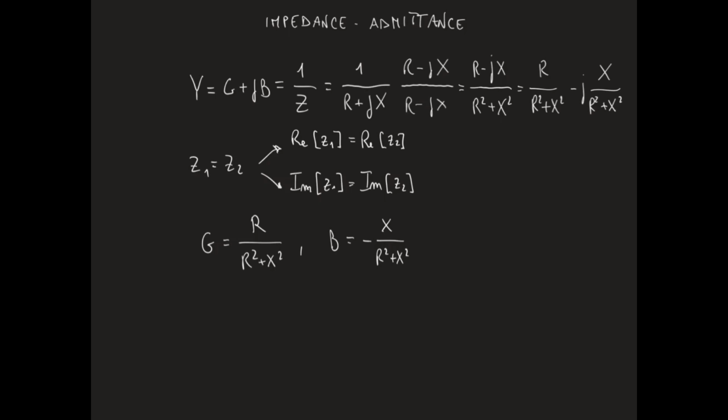In pretty much the same way, we can find that given an admittance with its conductance and susceptance, we can write the resistance of the corresponding impedance, R, as G divided by G squared plus B squared, and the reactance of the corresponding impedance as minus B divided by G squared plus B squared.